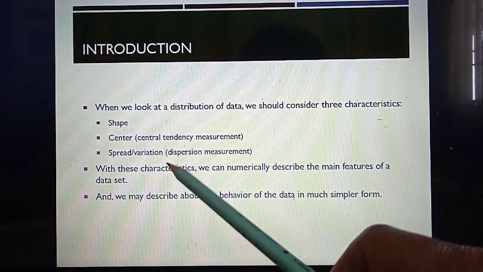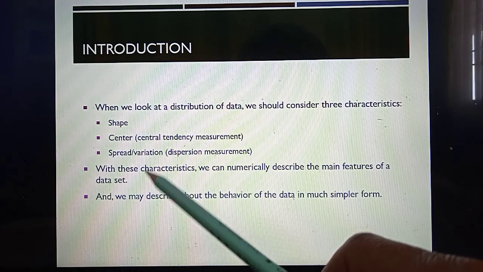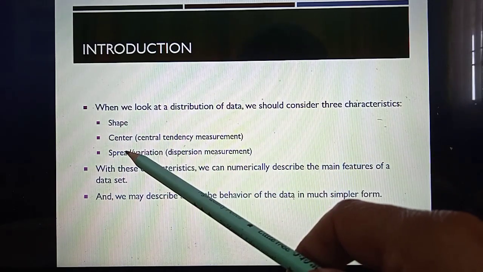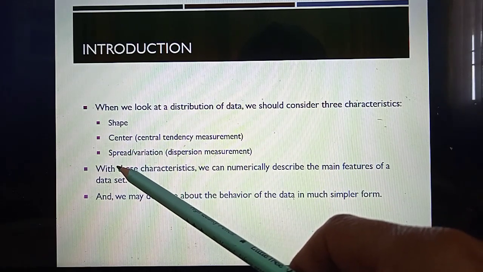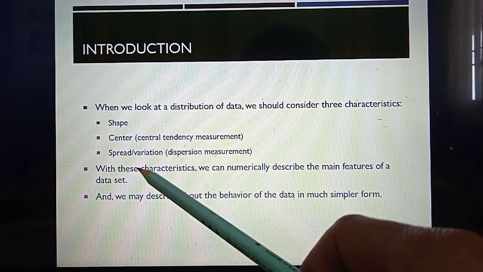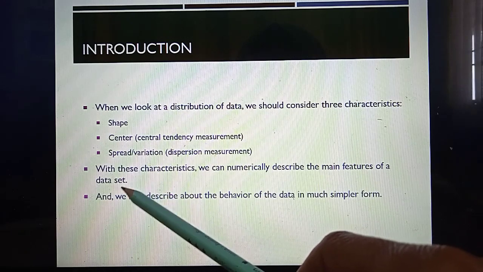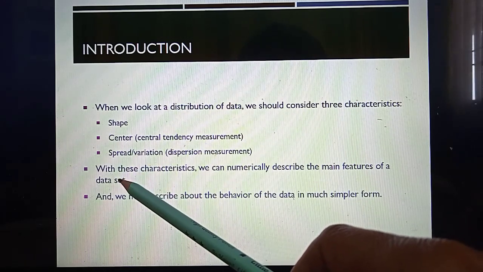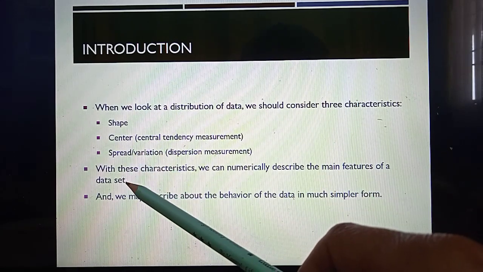So with these characteristics, we can numerically describe the main features of the data set. These three characteristics will be the features of the sample that we collect. That will give the identity or the attributes to the data that we have collected.